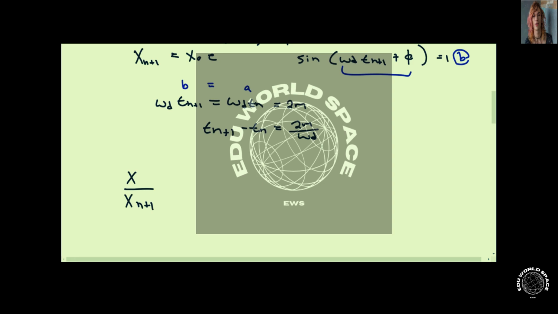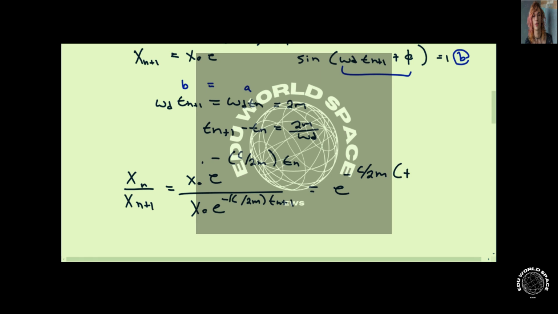So we have x naught times e to the minus c over 2m tn, divided by x naught e to the minus c over 2m tn plus 1. If we do this, we end up with e to the c over 2m times tn plus 1 minus tn.